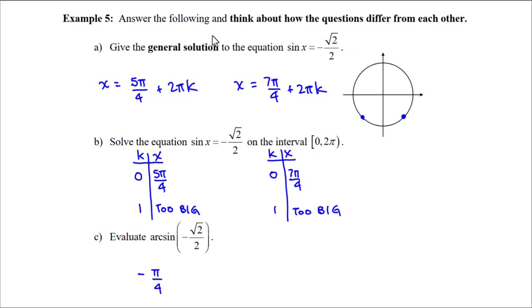So going back to how we did these earlier, the general solution hasn't changed. I have to give all possible solutions. Sine is negative. Well, that's in the third and fourth quadrants. I have a root 2 here.